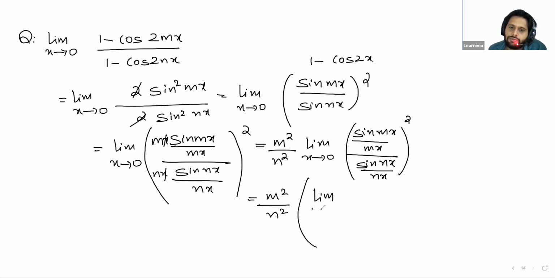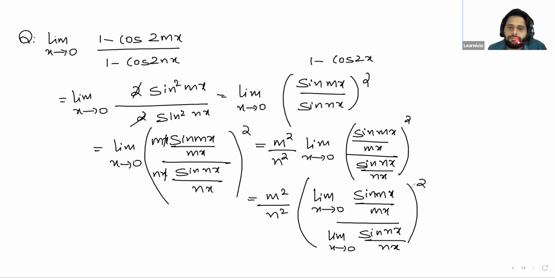Limit x tends to 0 sine mx by mx by limit x tends to 0 sine nx by nx, whole square. So this is m square by n square, and what is this? This is 1 by 1 whole square. So answer is m square by n square.